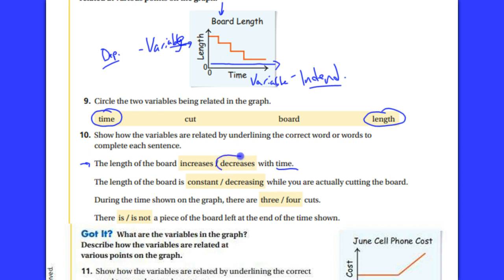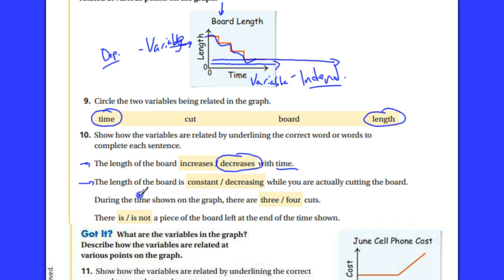It decreases. It should be obvious by looking at it. But as we learn to read graphs, the thing you want to realize is we read it left to right, just like we're reading a book, and we ask ourselves, how is this changing as the independent variable increases? Hopefully you've seen this in science a little bit, and it overlaps nicely there.